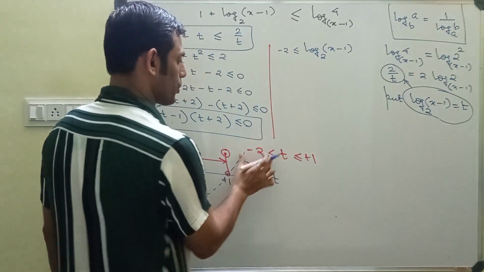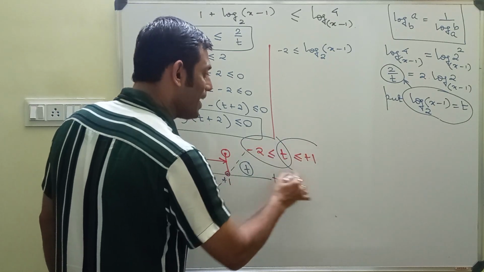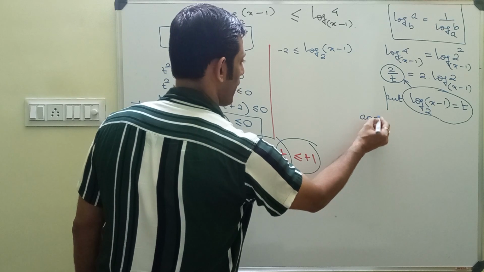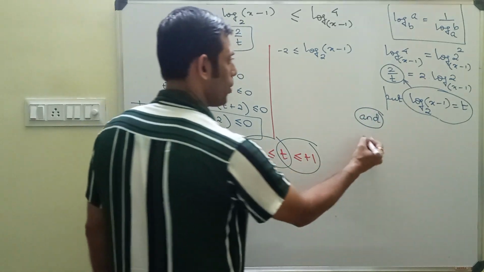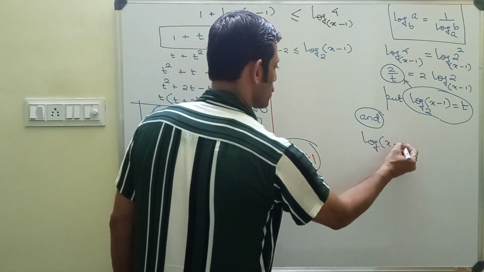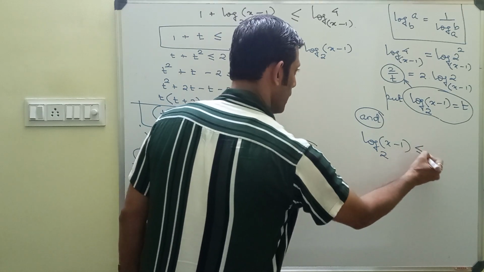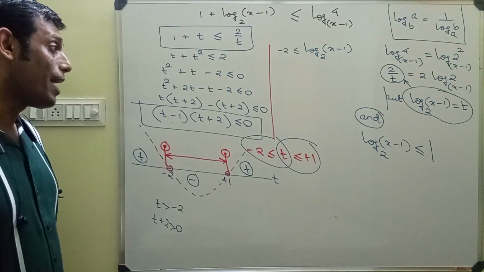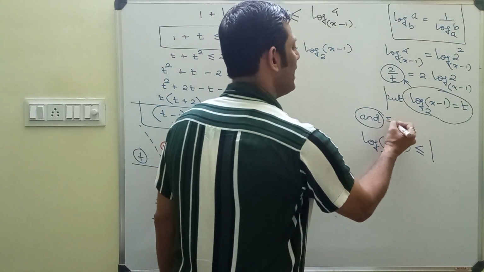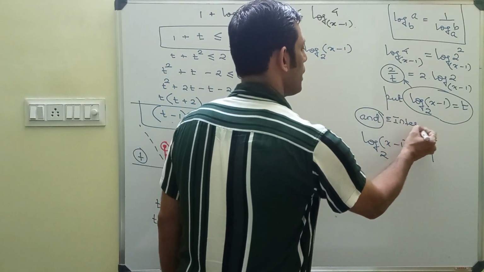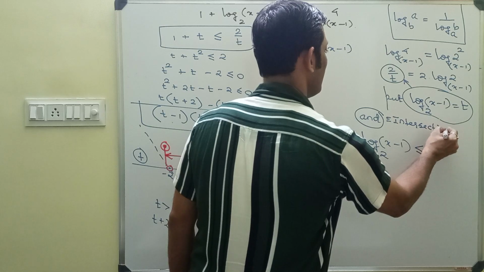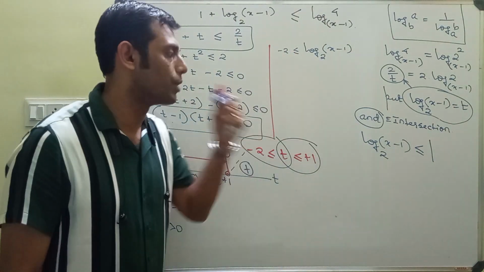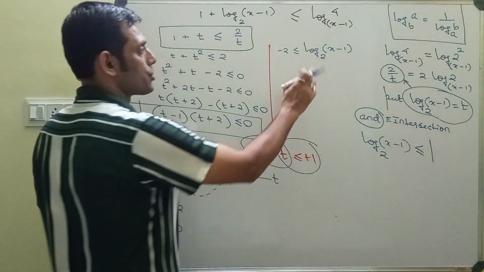This is one part of the inequality, and along with this I'll have to solve another: log of x minus 1 base 2 less than or equal to 1. And I will take an intersection of the solutions obtained from these two inequalities, and let's solve this.